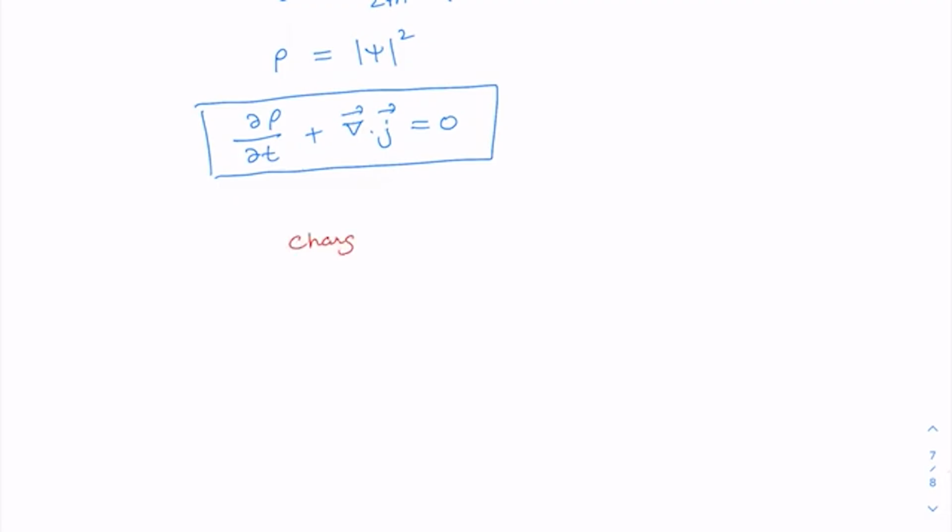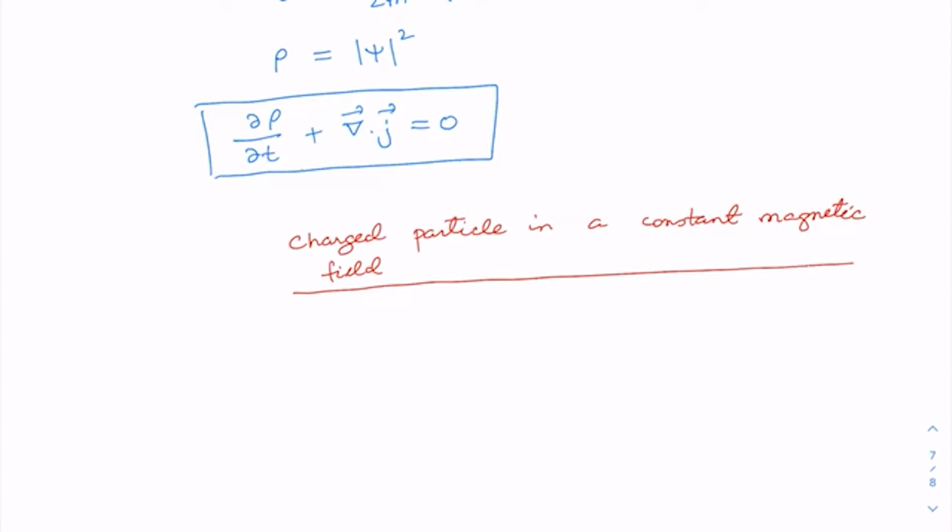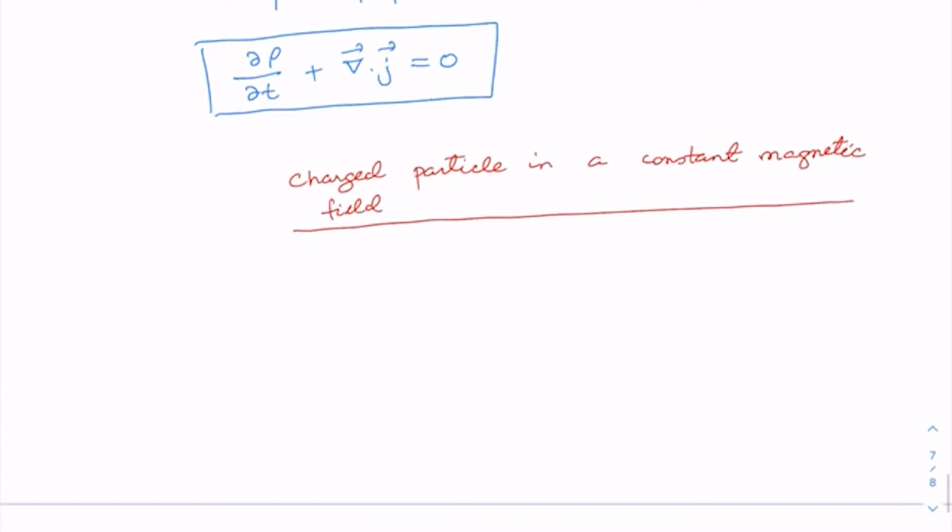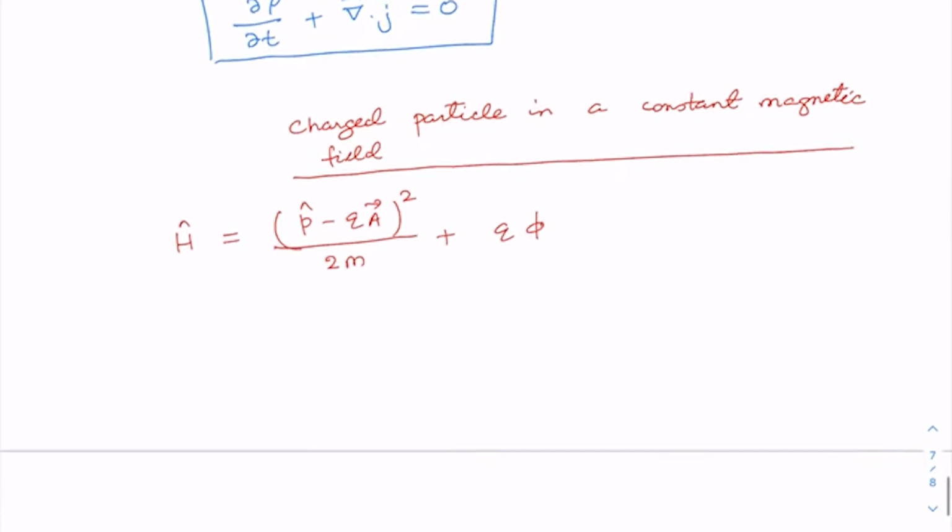If a charged particle is placed in a constant magnetic field, so in this case we can know from our quantum mechanics, or we can actually show it, that the Hamiltonian for the charged particle placed in a magnetic field would be given by (p − qA)²/2m plus qφ. φ is the scalar potential and A is the vector potential, okay.